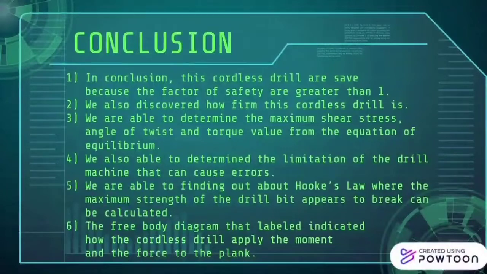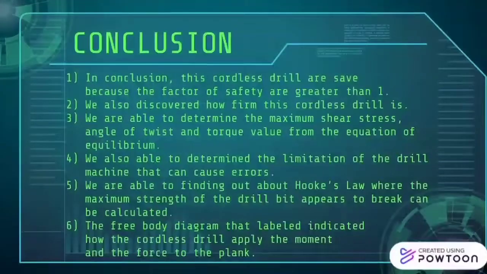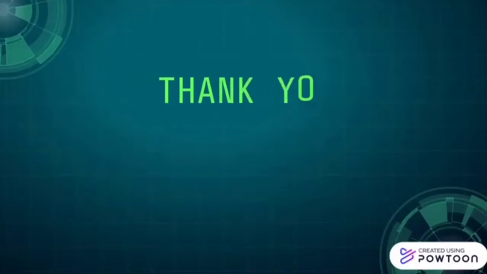We were also able to determine the limitations of the drill machine that can cause errors, and we are also able to find out about Hooke's law, where the maximum strength at which the drill bit appears to break can be calculated. And lastly, the free body diagram labels indicate how the cordless drill applies the moment and the force to the plank. That's all. Thank you for watching.